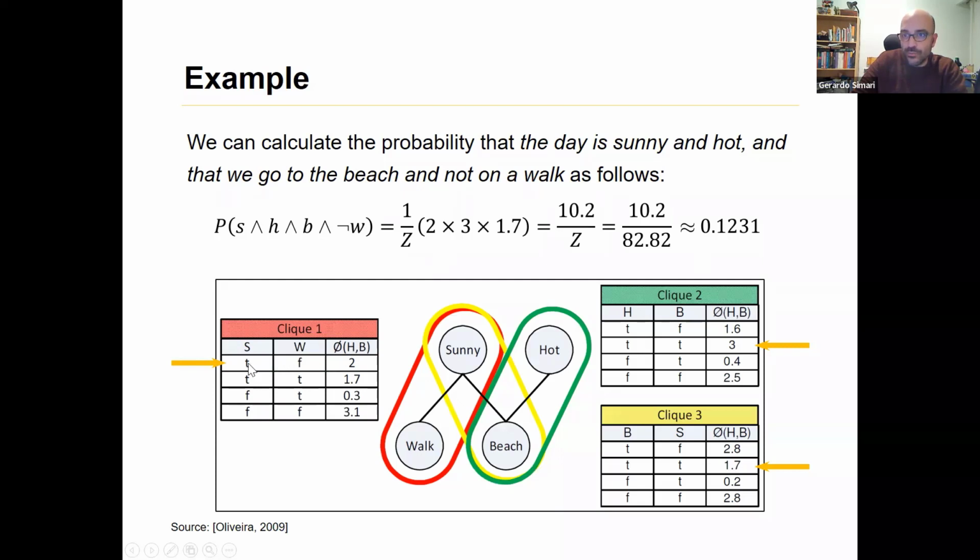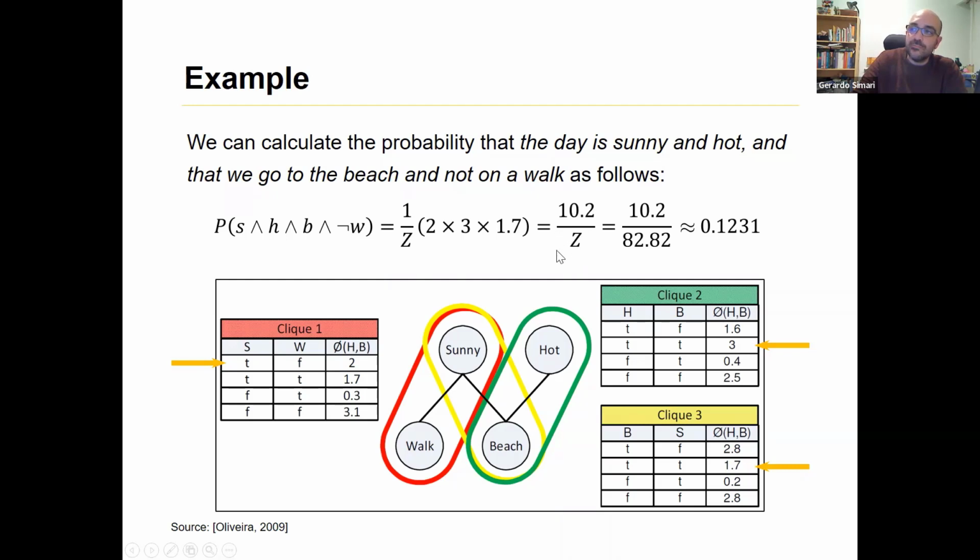So why do we have it here? Because it's sunny and we don't go to a walk. Sunny, no walk. So we get a 2. This 2 gets plugged in here. Multiplies by 3 because we have a hot day and we do go to the beach. So we get a 3. And the same, we go to the beach and it's 1.7. So 2 times 3 times 1.7 is 10.2.